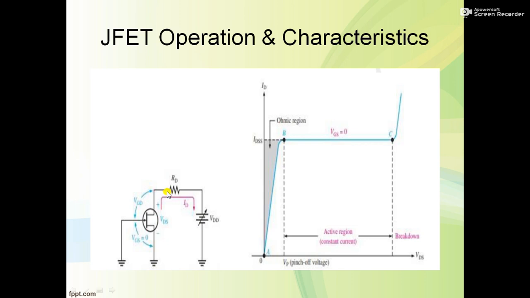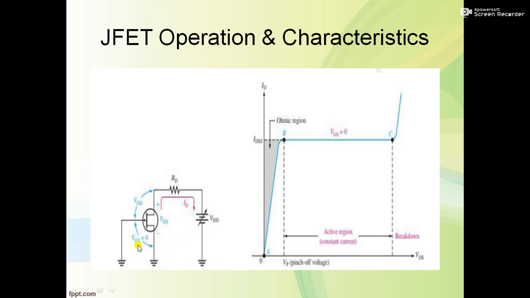Through this RD the drain current ID is flowing, and the same amount of drain current also flows through the VDD. VDD is a variable voltage used as a supply voltage. With the help of this supply voltage, we can operate this particular JFET.